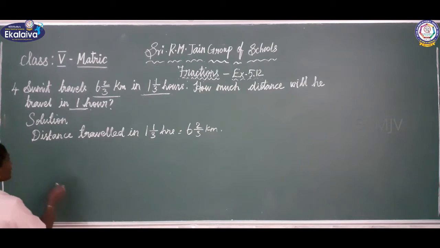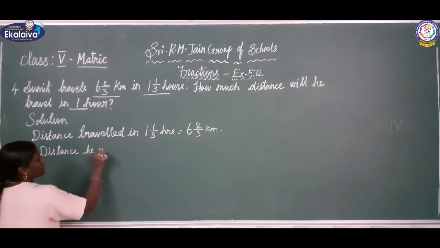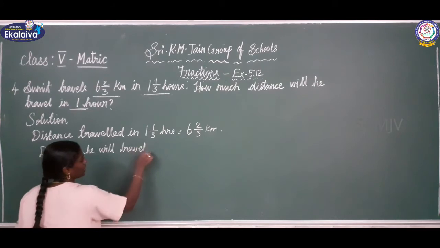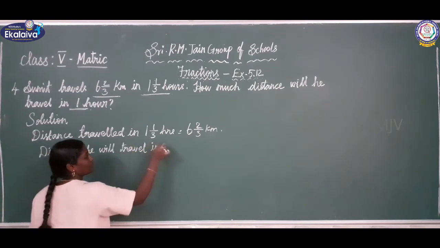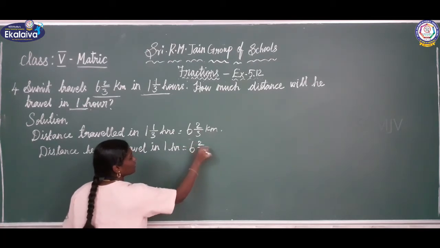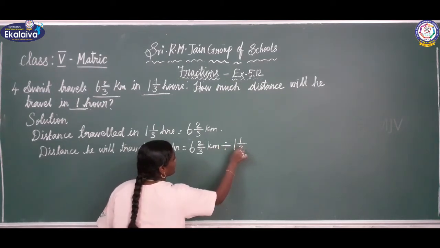Now we are going to find the distance he will travel in 1 hour. Distance he will travel in 1 hour. For that we are going to divide the distance traveled in 1 by 3 hour, divided by 1 by 3.